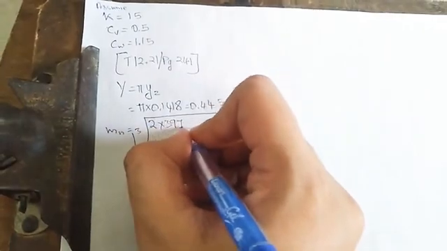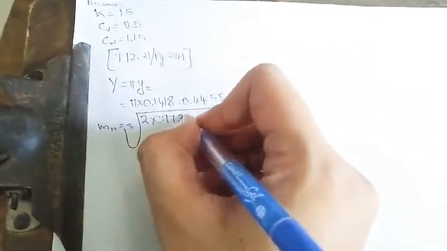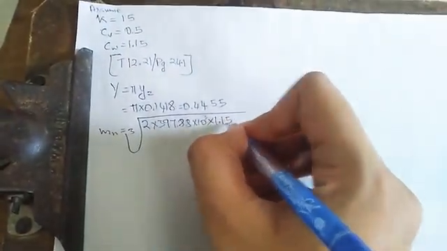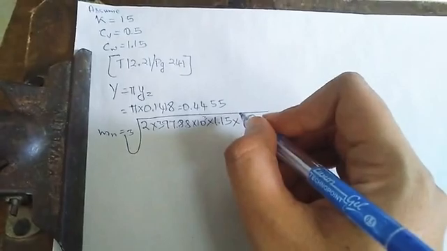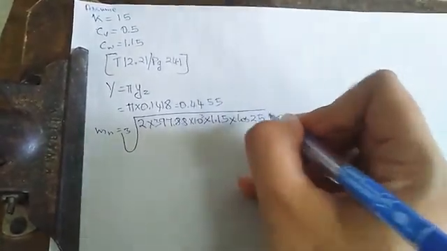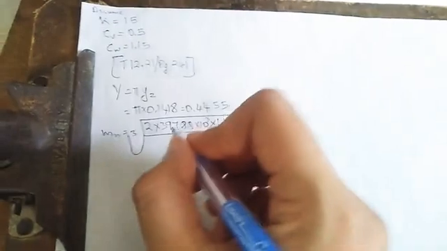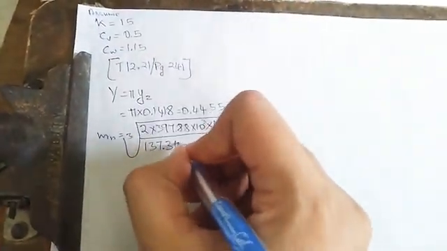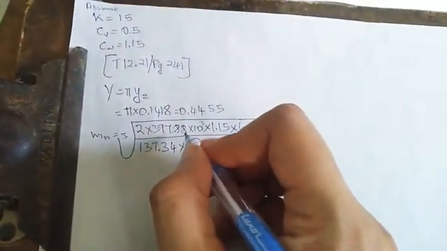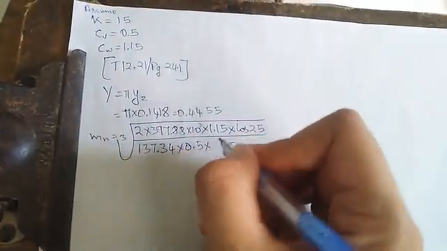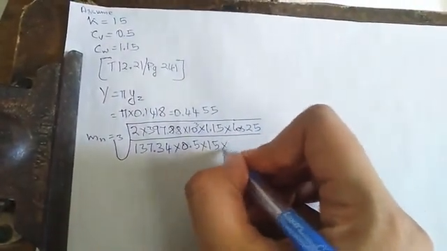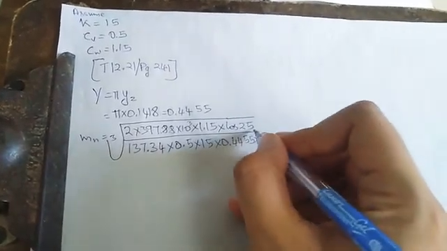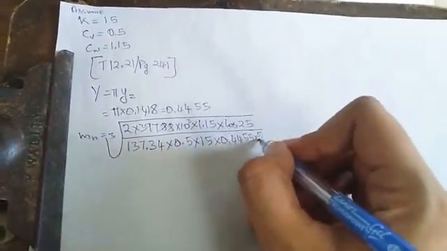Now we will find the module Mn. Two into 397.88 into 10 power 3 into 1.15 into cos 25, divided by 137.34 into 0.5 into 15 into 0.4455 into 56.